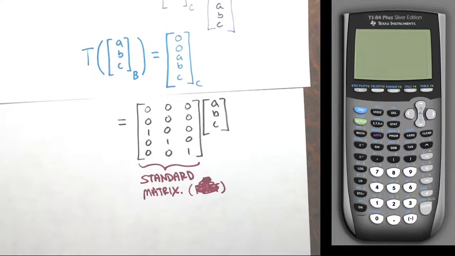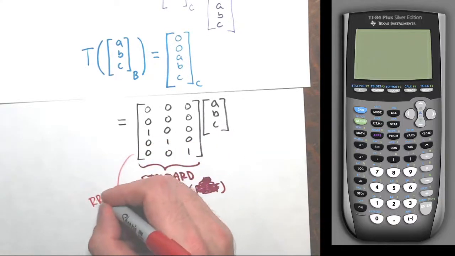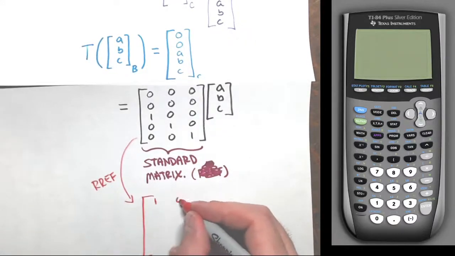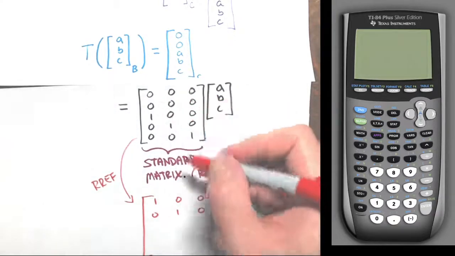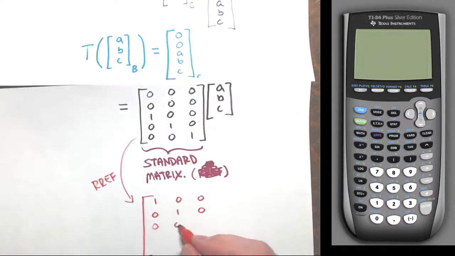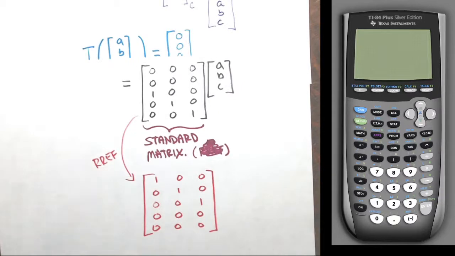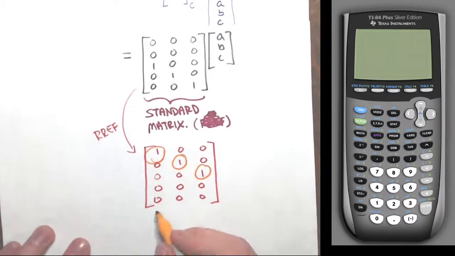So if I were to truly put this into reduced echelon form, the matrix would look like this. I just move these two rows of zeros to the bottom. All right, very quick and easy. And look, now it's in reduced row echelon form. Look at the pivots, these leading ones with the zeros above and below them. Each column is a pivot column.